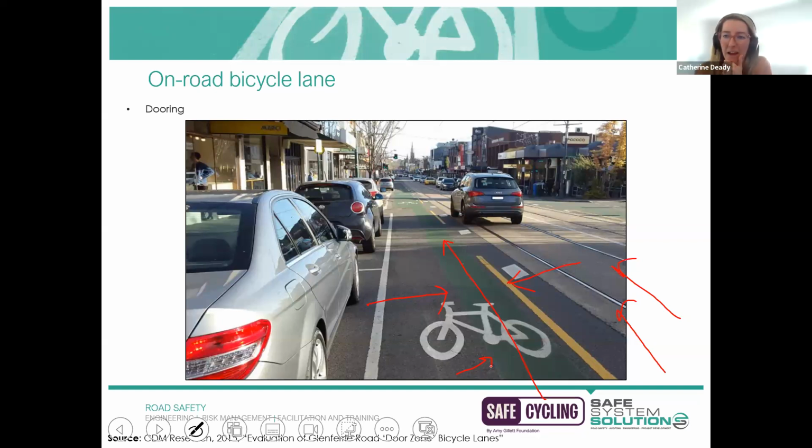Just something to add about the challenges of rolling out on-road cycling facilities and removing on-street parking, and the feeling that the community have around that, especially businesses, where they feel like it's a huge loss of revenue when you're removing on-street parking and putting in a separated cycle facility.